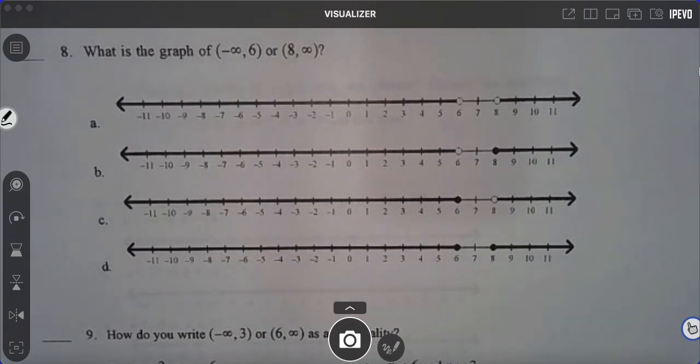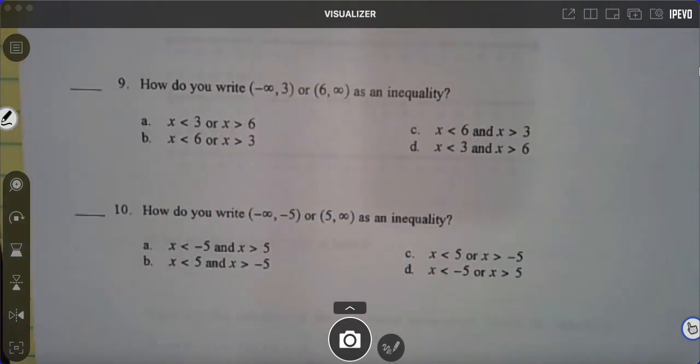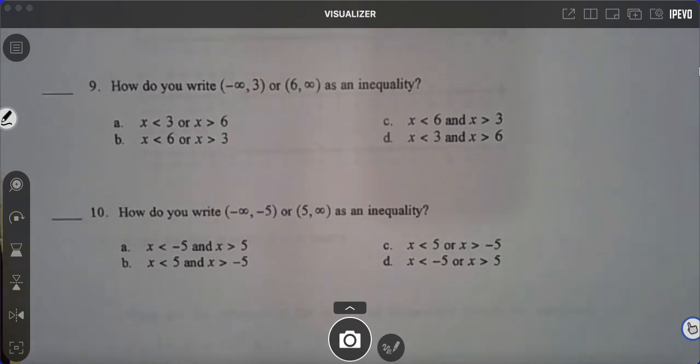Number 9. Oh, and 10. So these, we know they're "or," because it looks like they're going opposite ways when they're written like this. If it's got the negative infinity, it means I'm going that way.